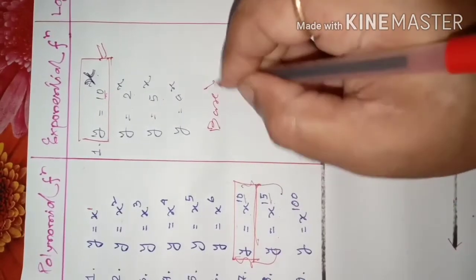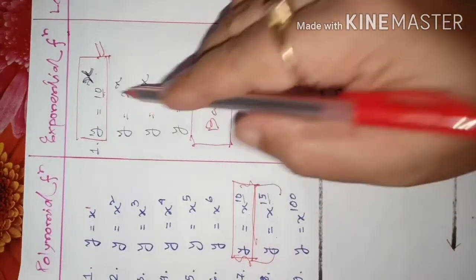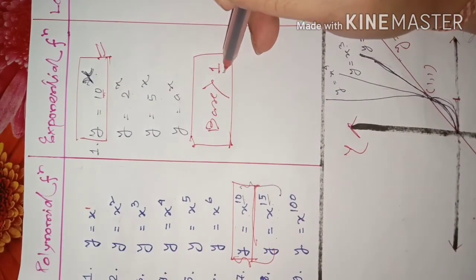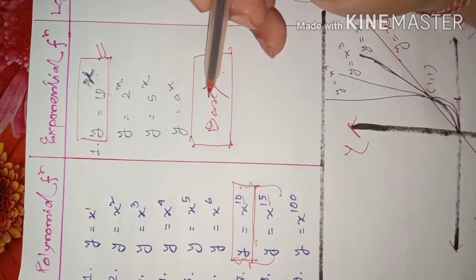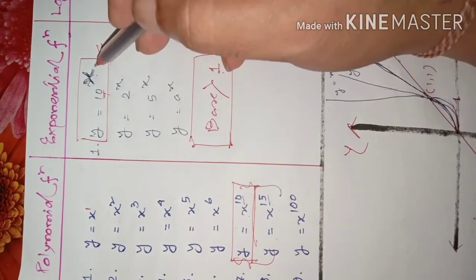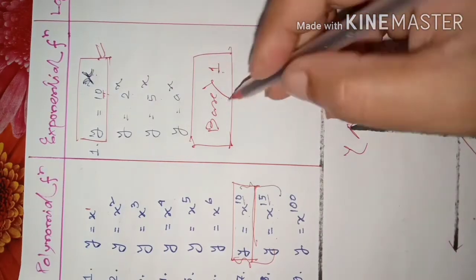Here the base is greater than 1. We are considering functions of this type where the base is greater than 1, meaning positive real numbers. The exponent can be any real number, but the base is a positive real number.